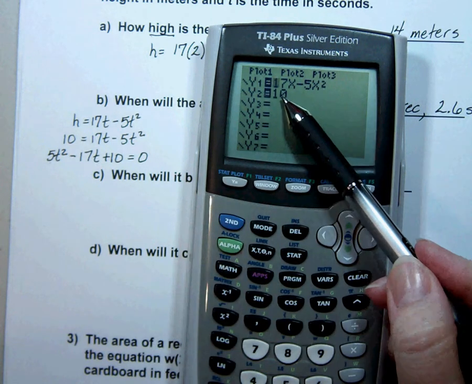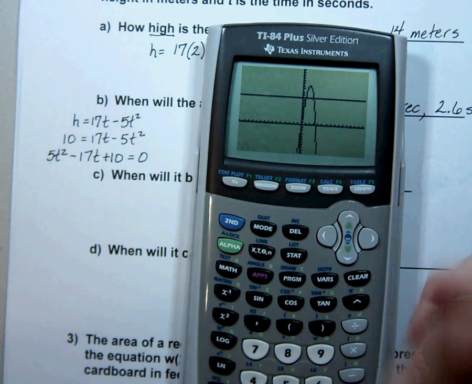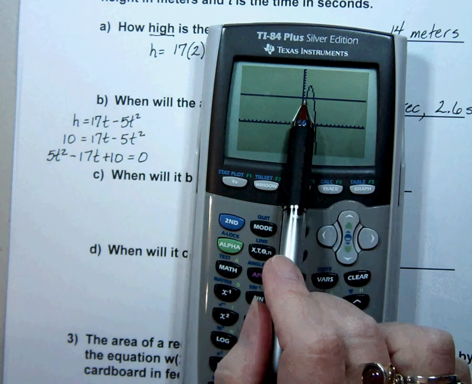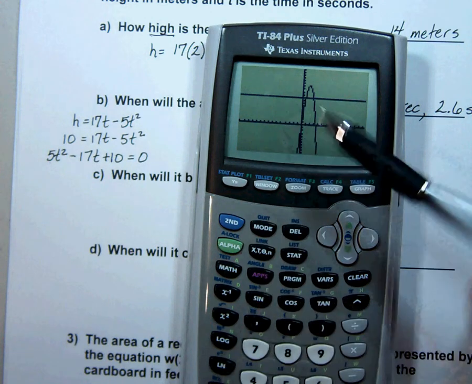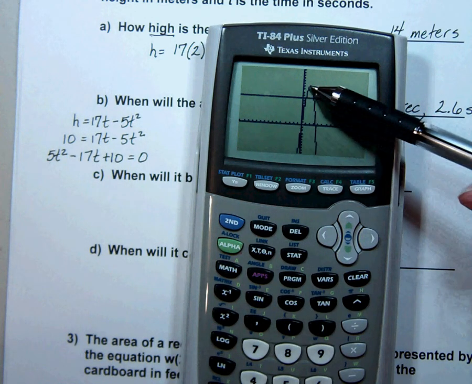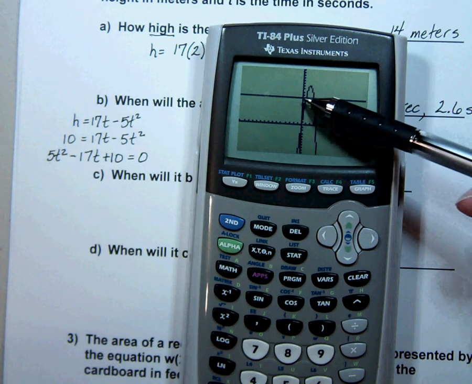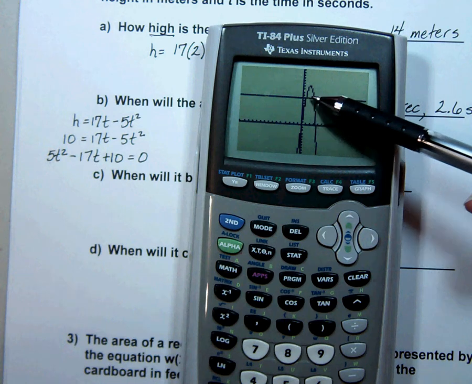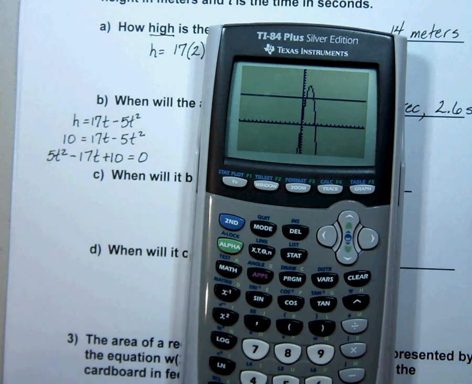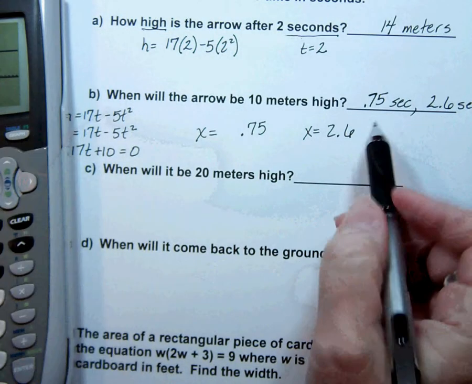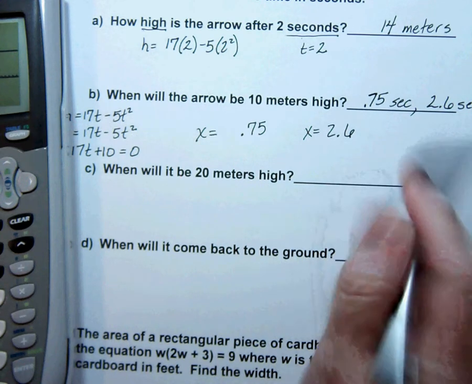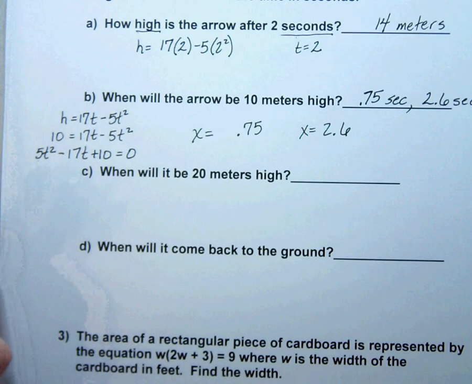When I put in y equals 10, that drew this horizontal line right here, and it shows that, thinking about the arrow moving up and coming back down, there are 2 different times that it's going to be 10 meters high. They were not exact answers, but we can use the quadratic formula or the intersection point to help us find that.